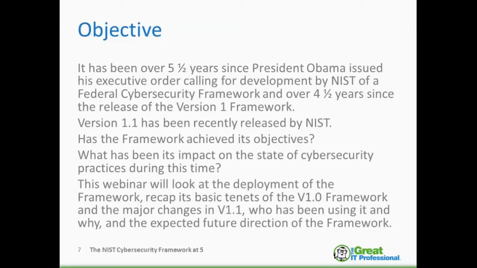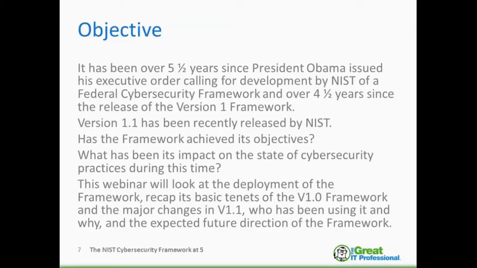So without any further intro, the history of the framework: in February 2013, executive order 13636 was issued by President Obama and called for a security framework to reduce cyber risk to critical infrastructure. So the focus at the time was critical infrastructure, and the systems and other kinds of infrastructure like power lines in the grid that are required to keep the country running.